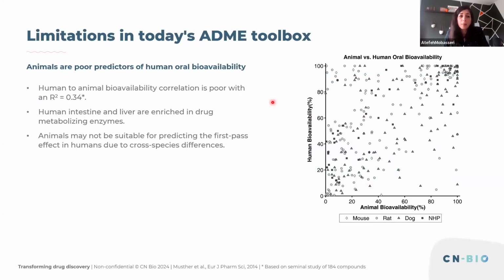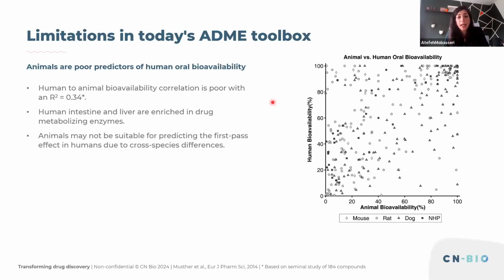The main limitation for exploring bioavailability and predicting human oral bioavailability is, firstly, that animal models are poor models to show the profile of human bioavailability.